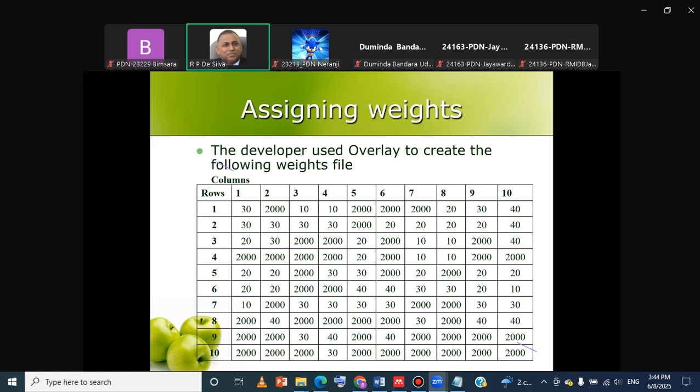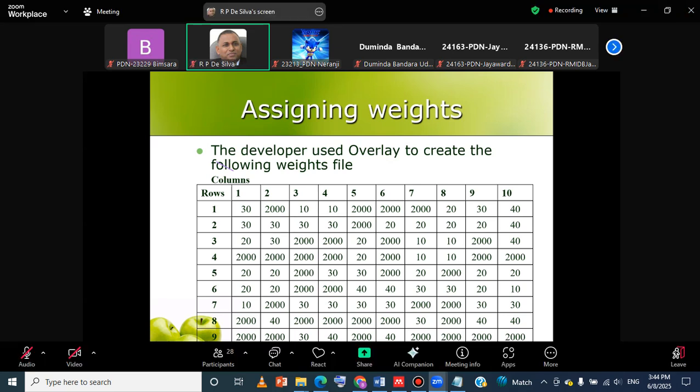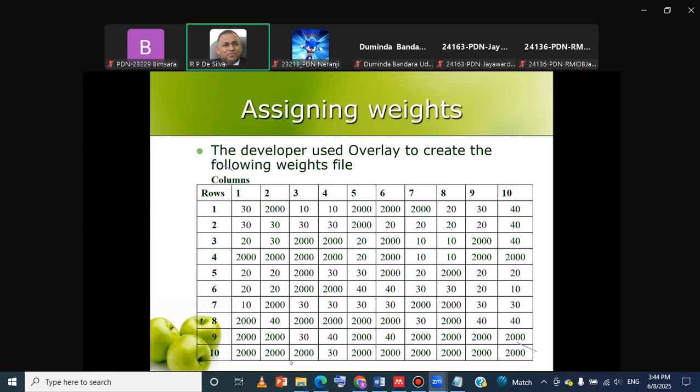Can you identify the path from here? Give you 5 minutes to think. How do you put the pipeline? Can you draw the path of the pipeline?